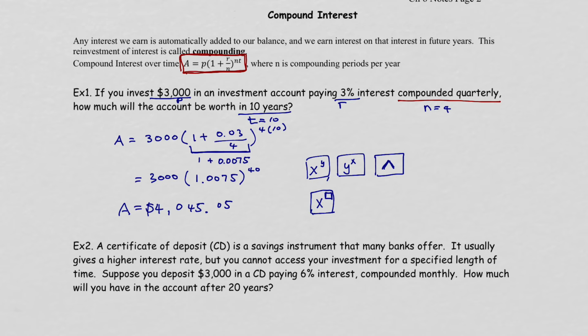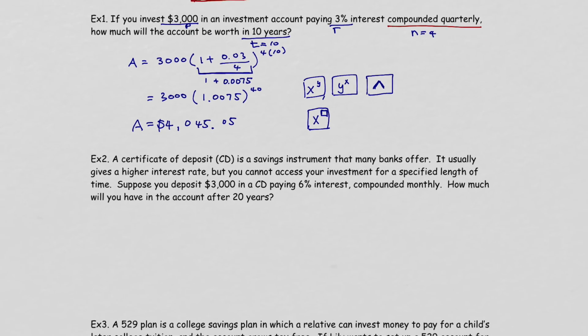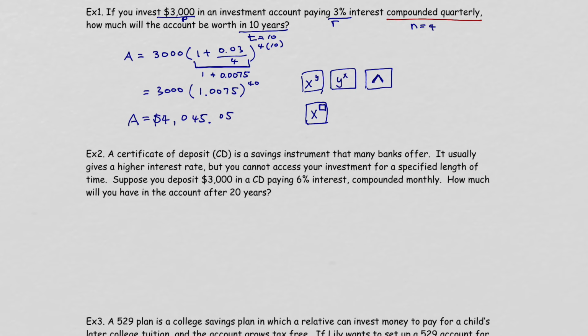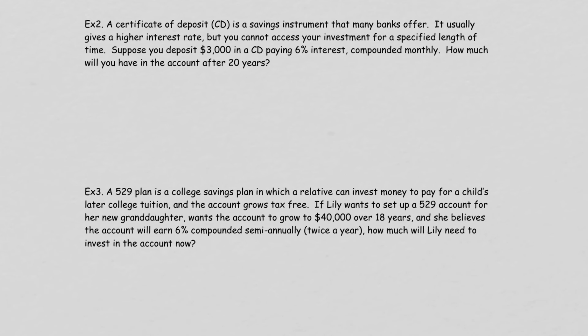Again, if you're using your calculator and you're not getting the same number, maybe come and visit my office hours, because everyone has different types of calculators. I will not be able to go over it in class. Okay, so then let's look at the second one from this section, compound interest.